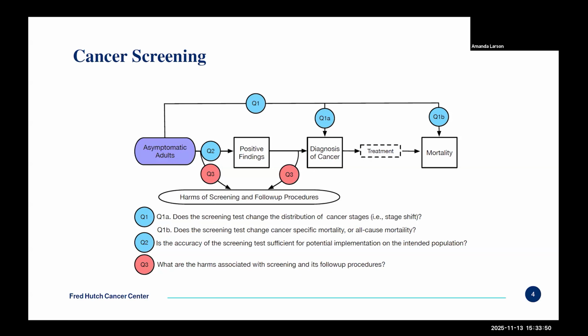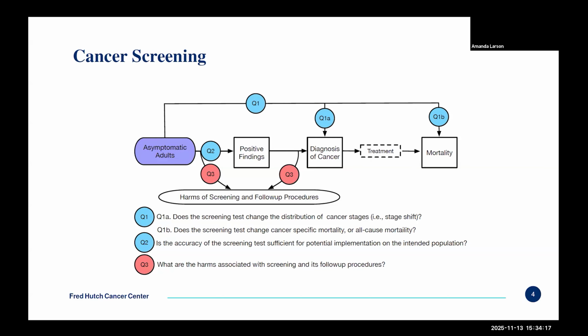The second is how to evaluate the screening test that you're willing to run a trial for. The screening test is usually summarized in terms of sensitivity and specificity, test statistics like 90% sensitivity with a 30% false positive rate. Is that good enough? That's also something we want to evaluate.